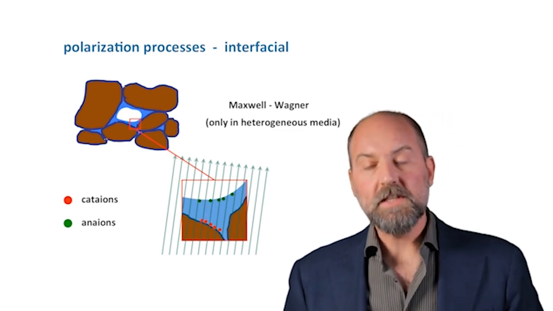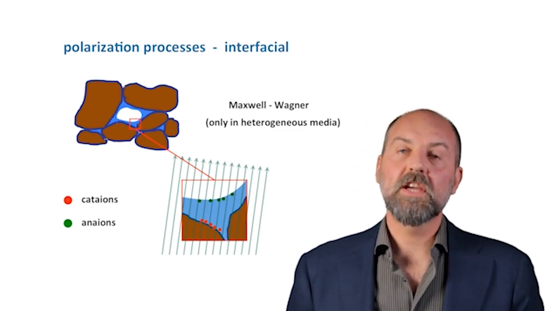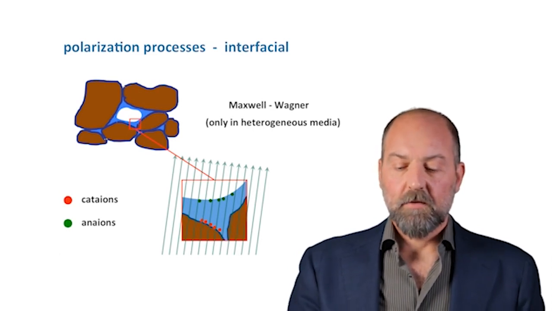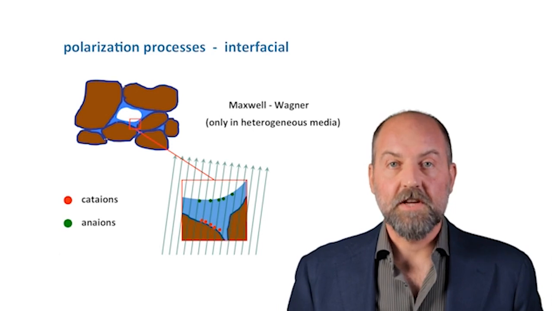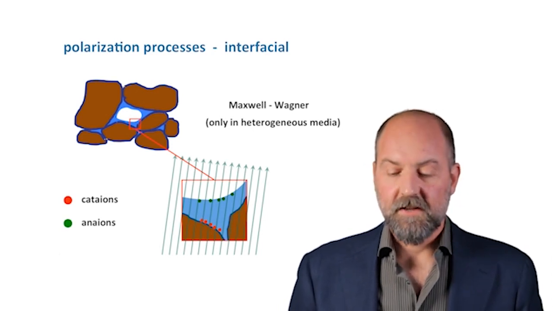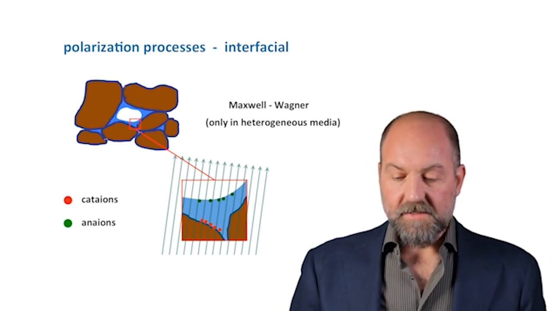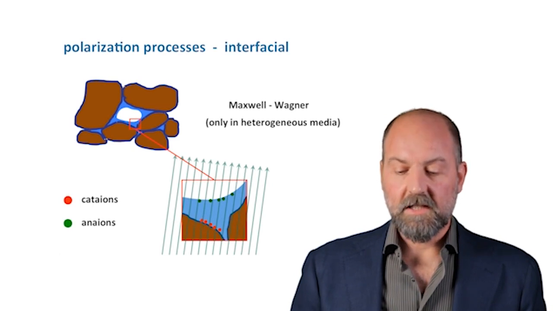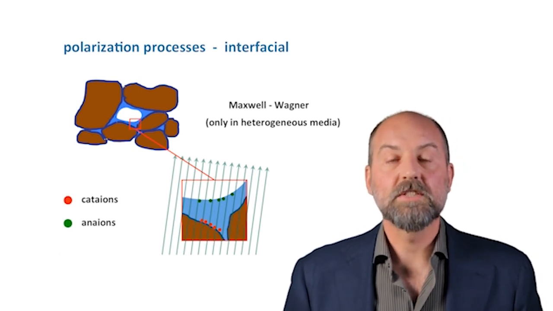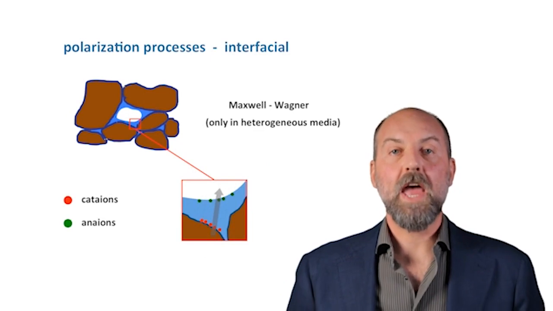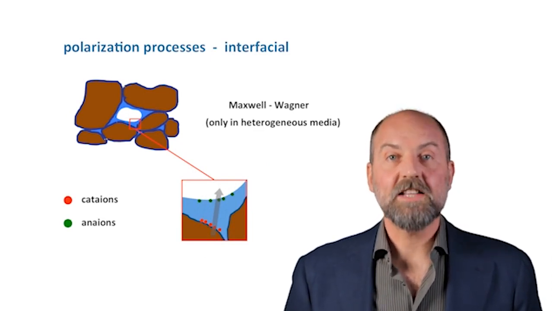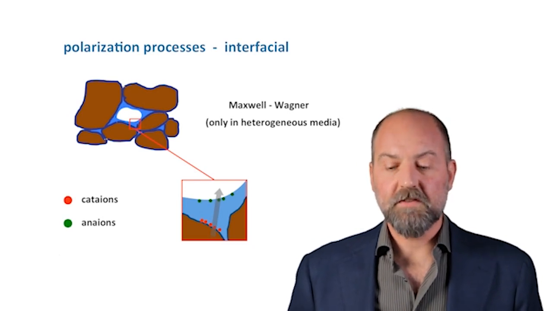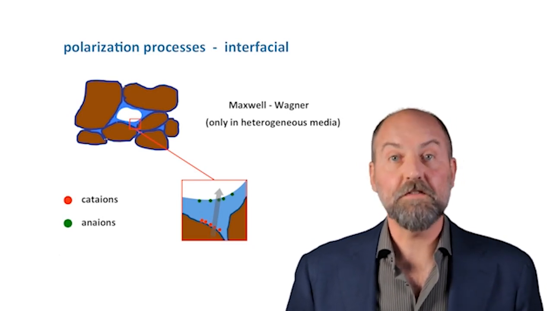And they will do so until they reach the interface, whether it is the water-gas interface or the water-solid interface. And in doing so, it is clear that a large dipole is formed, because now we have a distribution of charge such that the center of mass of positive and negative is different.